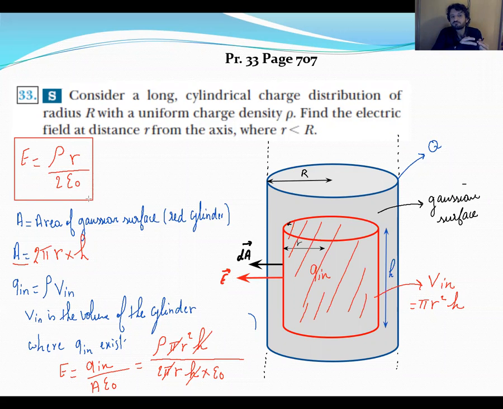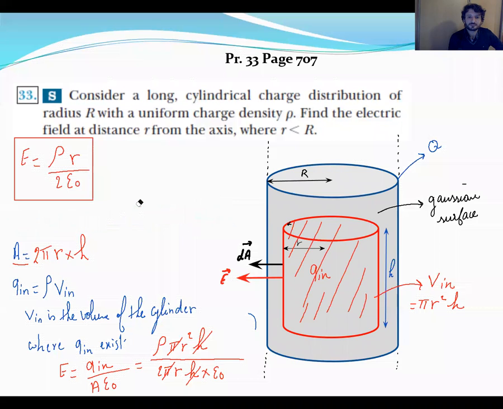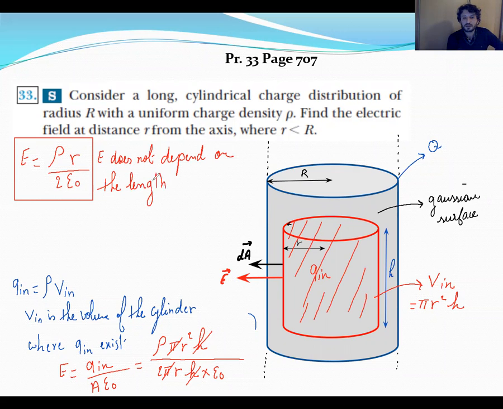As you see, the final formula of E doesn't depend on the length of the cylinder. So in this case, we don't need to take the Gaussian cylinder as a long cylinder. E doesn't depend on the length h.